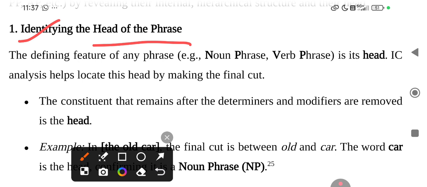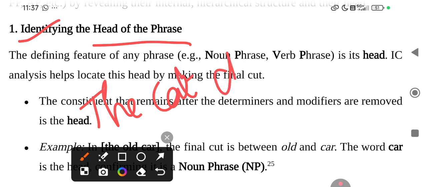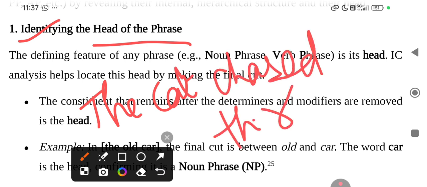For example, the cat chased the rat. Suppose this is the sentence.